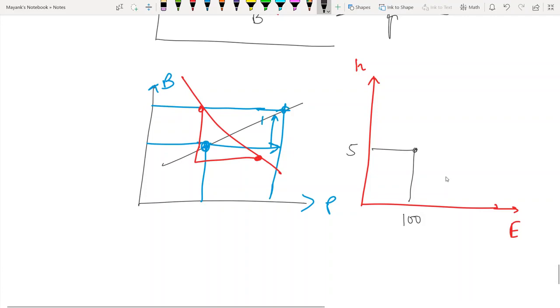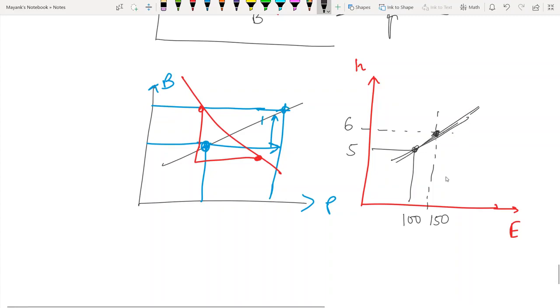Now if you want to earn more, if the employer is giving me more money, I am okay with working more hours. So for 150 bucks, I am okay with working 6 hours. So if I am indifferent between these 2 points, this is what my indifference curve will look like, something like this.